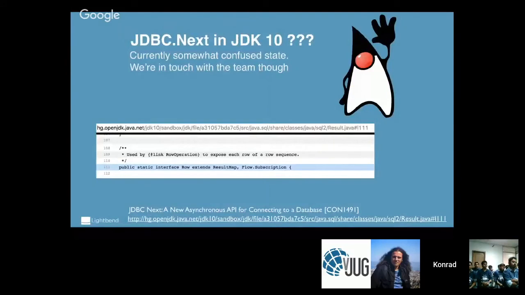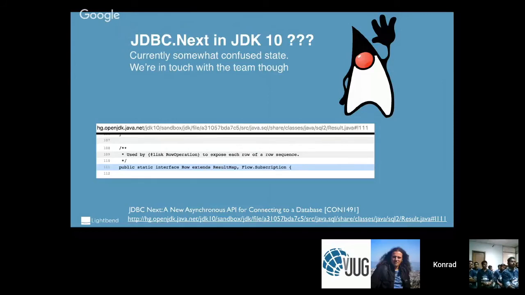Other things, so JDBC next, possibly in JDK 10 or 18.3, whichever versioning scheme wins. I still call it JDK 10 because in the source tree, it's still called JDK 10. So that's still under discussion, where exactly it will fit.